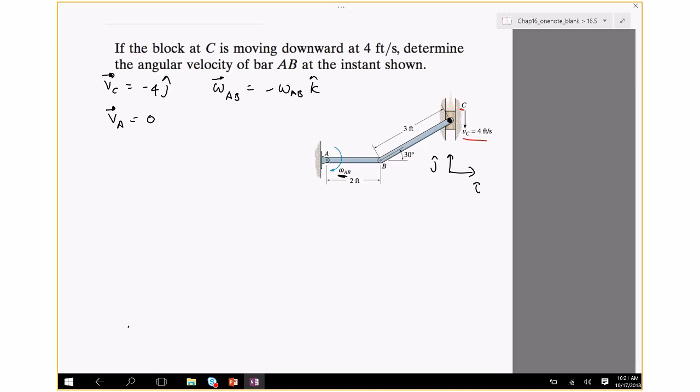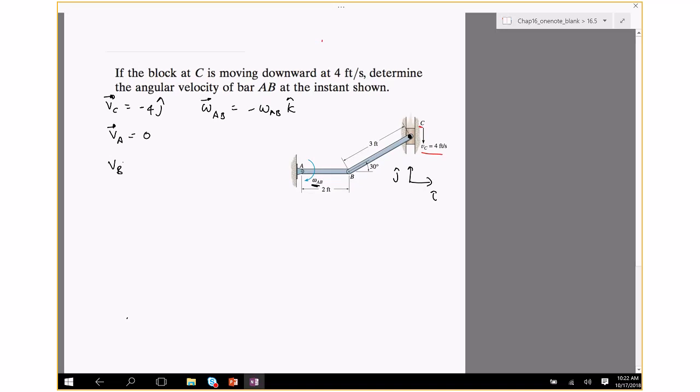Okay, so let's try to see if we can write a formula for velocity of B. We know the velocity of A, but we do not know the velocity of B. So velocity of B is velocity of A plus omega AB crossed with the vector from A to B. But velocity of A is 0, so velocity of B is equal to minus omega AB k crossed with the vector B slash A, which is the vector from A to B. We can see that the vector is shown by the arrow.